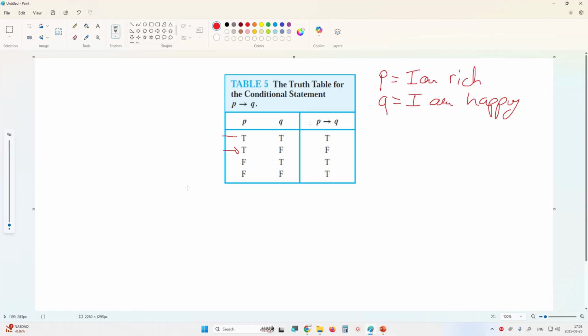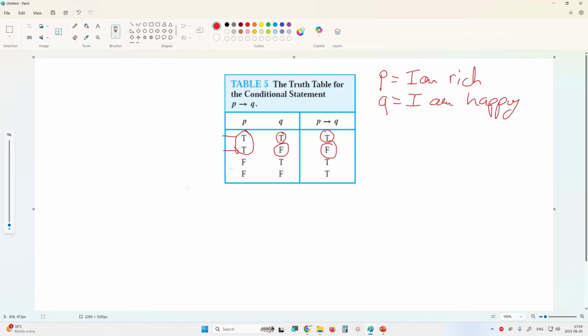If I say if I'm rich then I'm happy, it says no, because actually I'm not happy, so this is false. If this is true, it gives me true. That makes sense so far, because the result depends on what I say that I am.